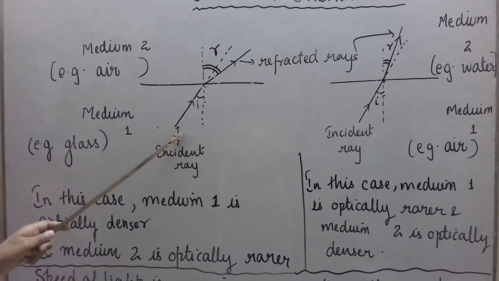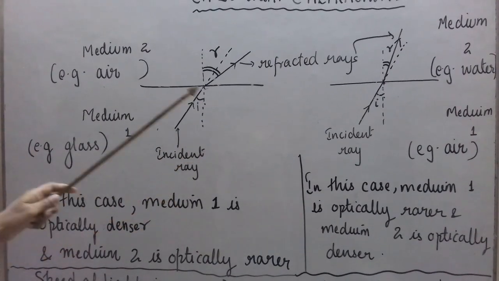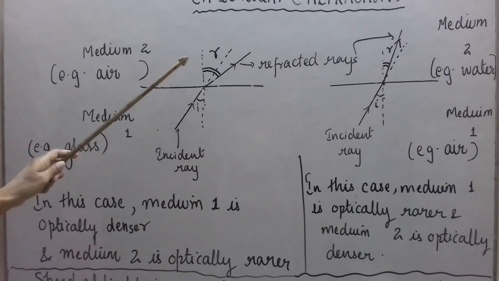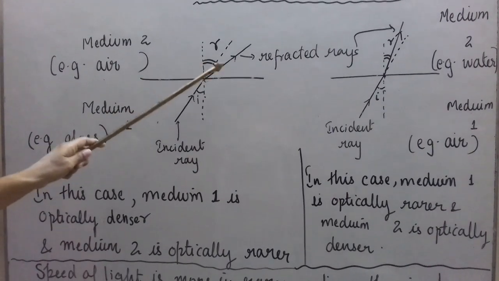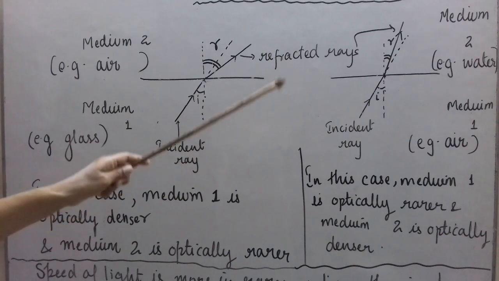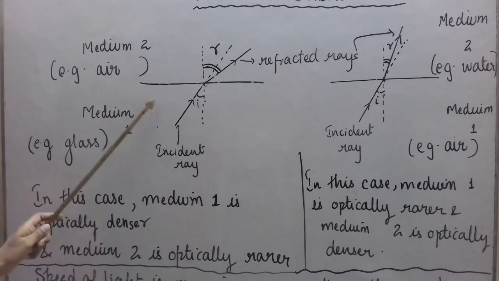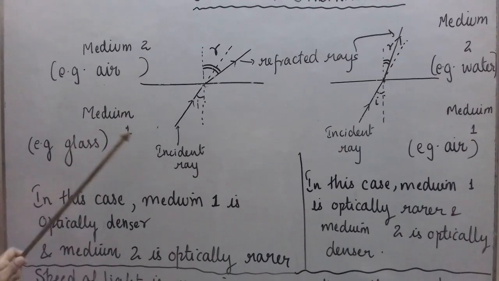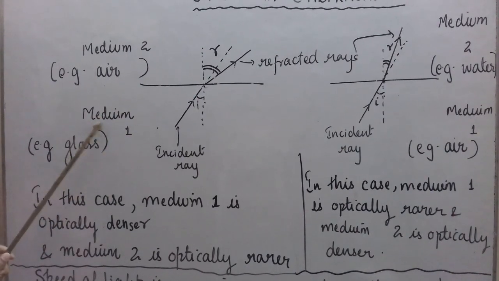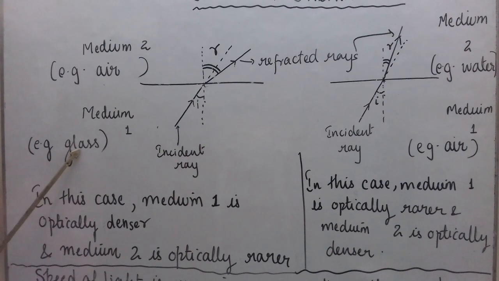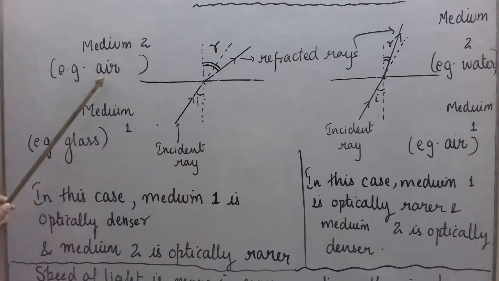Now we have seen these two ray diagrams where in one case the light, when it enters the second medium, bends away from the normal, while in the other case it bends towards the normal. Let us see how this happens and why. Now in this case, let us consider medium 1 to be glass and medium 2 to be air.